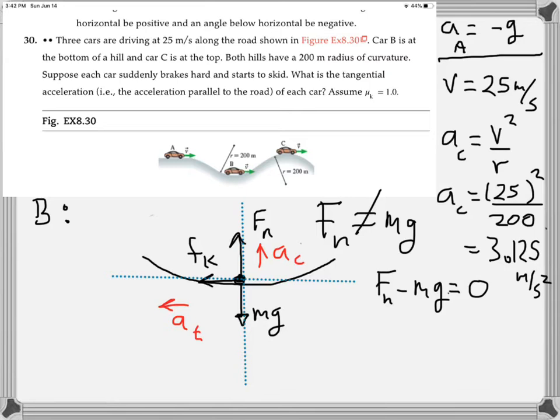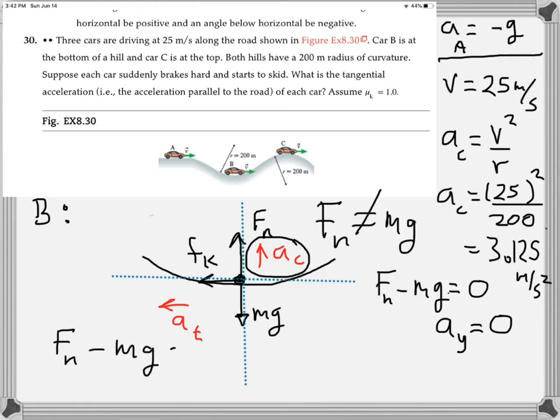Car B would just dig into the hill instead of following the road, curving upwards with the road. Car B would move straight horizontally, no vertical acceleration, and make a tunnel through the hill. That is not what happens to car B. So we know that the normal is not going to be equal to mg.